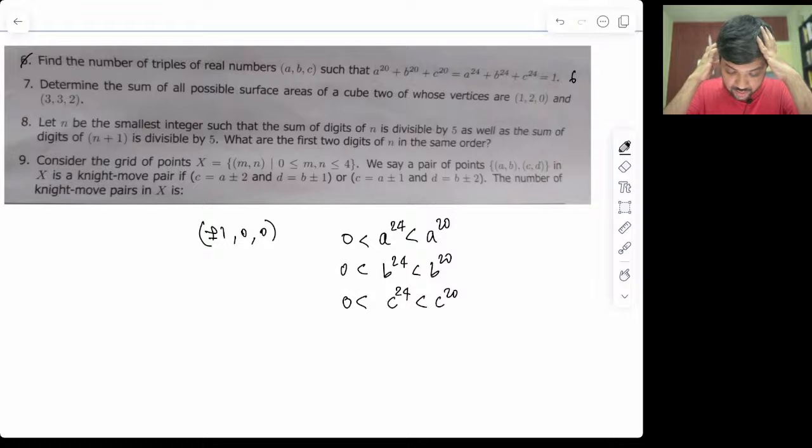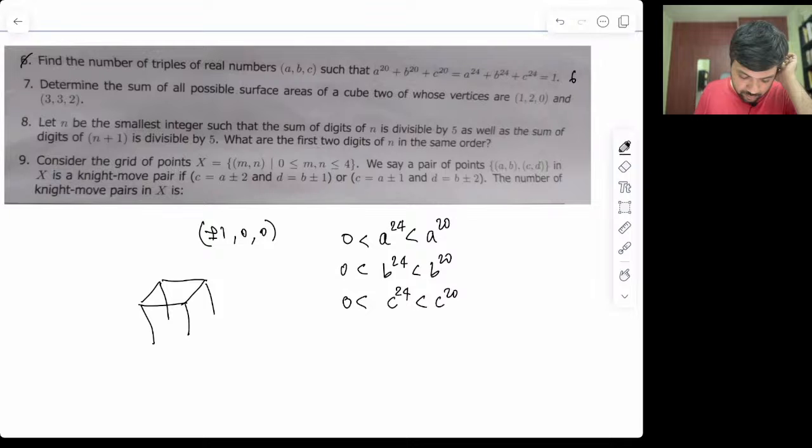Two of whose vertices are... what does that mean? You should try to draw a typical cube. The two vertices can be nearby vertices like this, that's one of the possibilities.